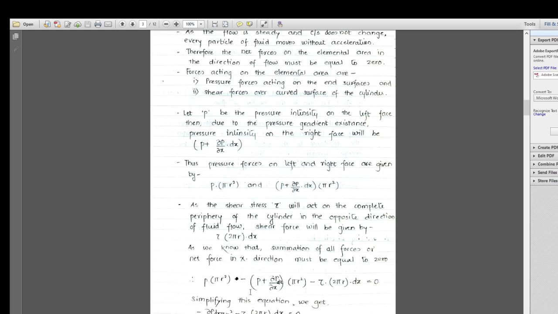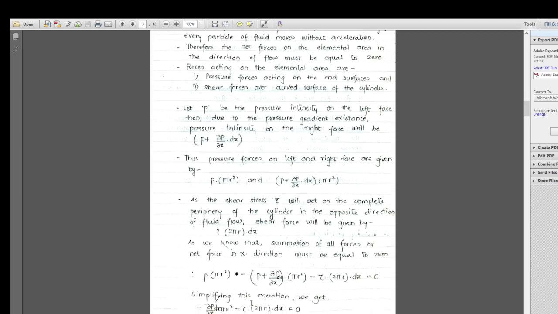So we will get minus ∂P/∂x into dx into pi r square minus tau into 2 pi r into dx, and transferring from the left side to the right, it will be 0. So we get this simplified equation: minus ∂P/∂x into dx into pi r square minus tau into 2 pi r into dx is equal to 0.